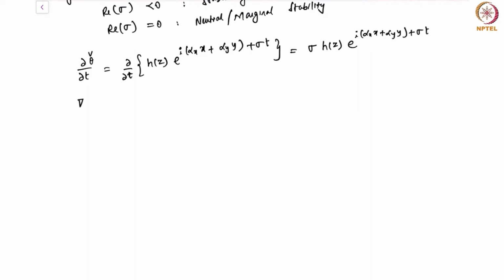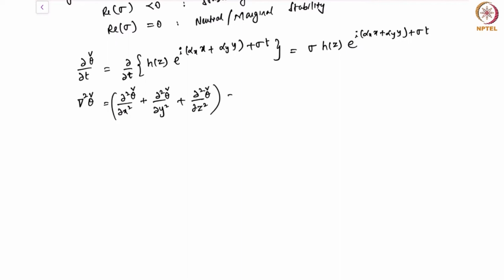Similarly, we have another term which is del square of theta hat. Del square of theta hat essentially becomes del square by del x square of theta hat, del square by del y square of theta hat, plus del square by del z square of theta hat.